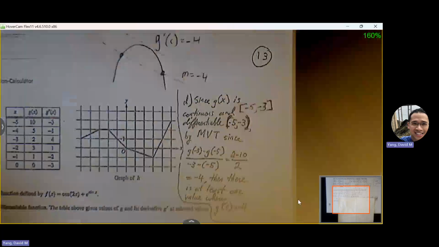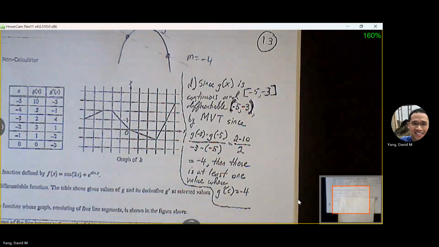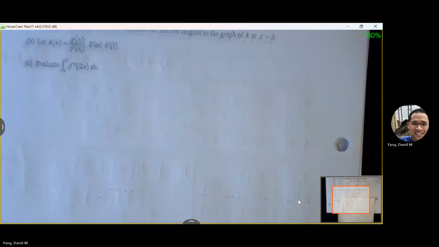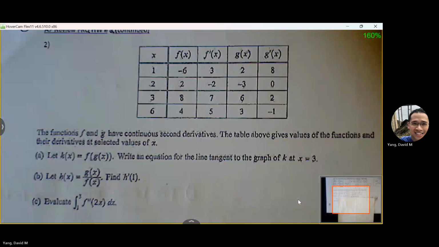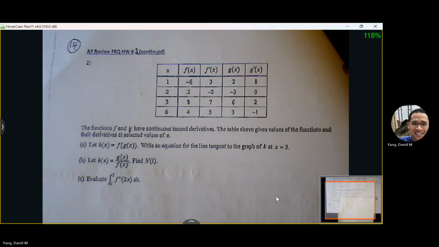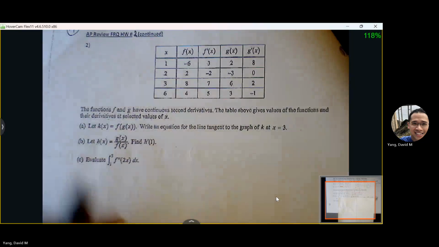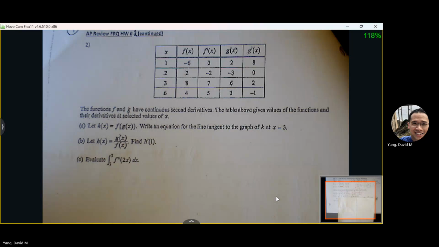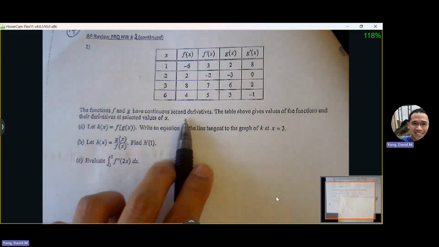Okay, page 14. Let functions f and g have continuous second derivatives.